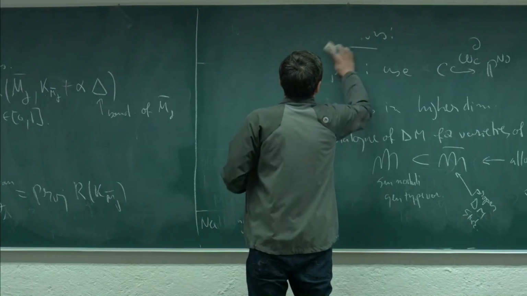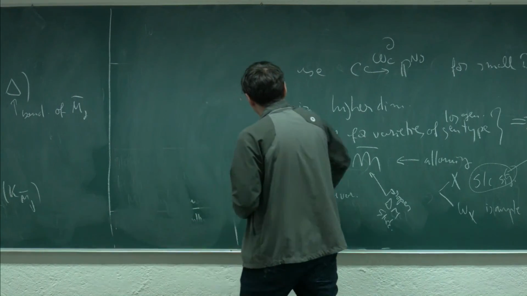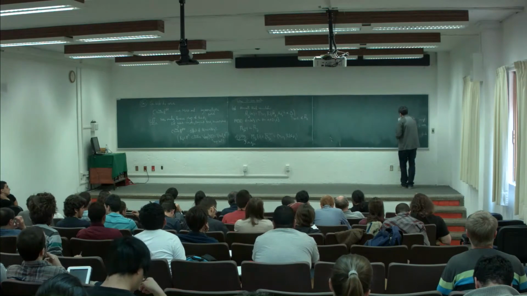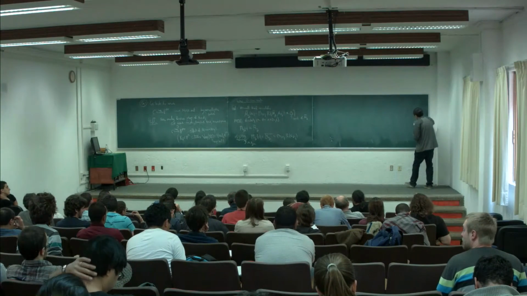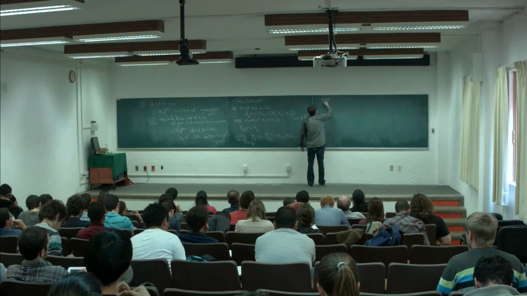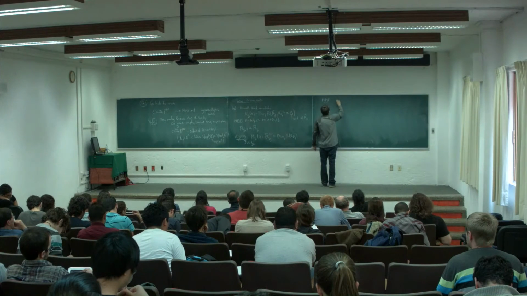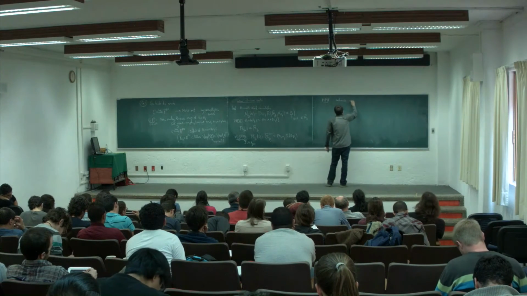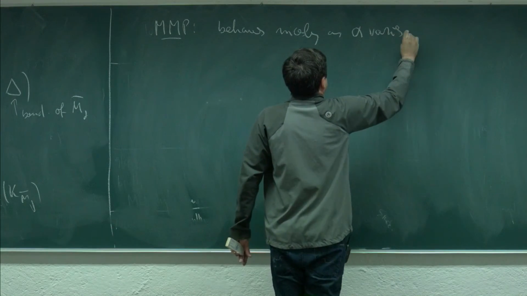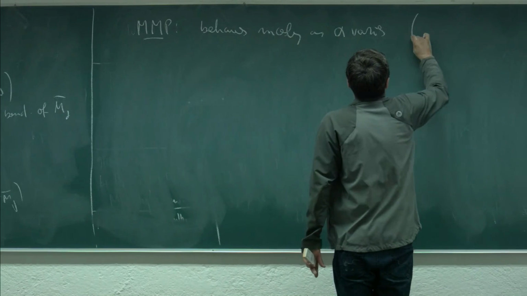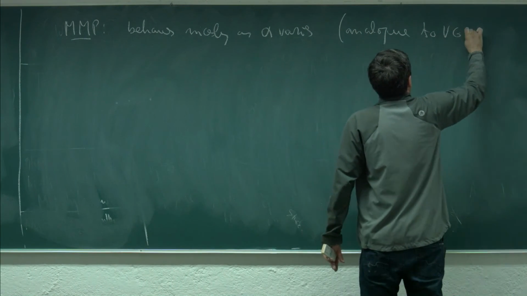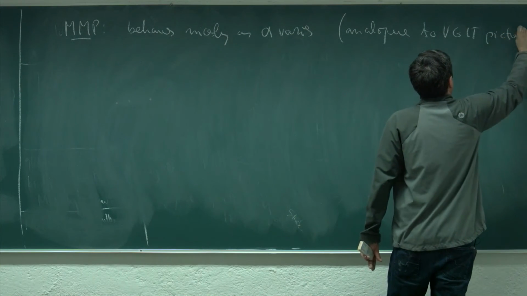Again, by MMP, we know that this behaves nicely as alpha varies, analogous to the VGIT picture that we discussed.